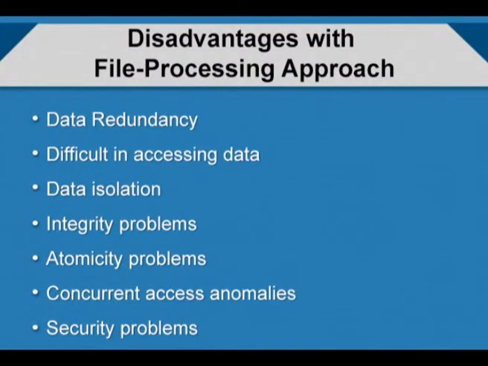You have the integrity problem, you have the atomicity problem, and then concurrent access anomalies. Sometimes it may allow, sometimes it may not be allowed when we are using the file processing approach. Obviously, security and protection problems will be there whenever we use the file processing approach. So that is why we are heading to the DBMS approach.